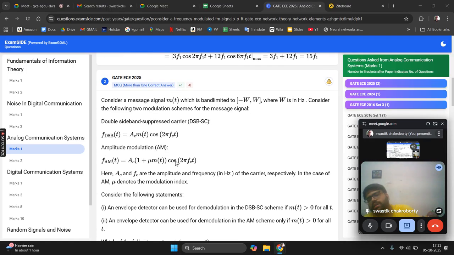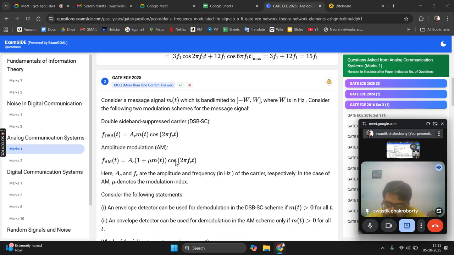the second problem, where consider a message signal m(t) which is band limited to -W to W. Consider the following modulation scheme for the message signal. The DSB signal is Ac m(t) cos 2 pi fc t, and there are two modulation schemes, one is DSBSC and one is amplitude modulation.